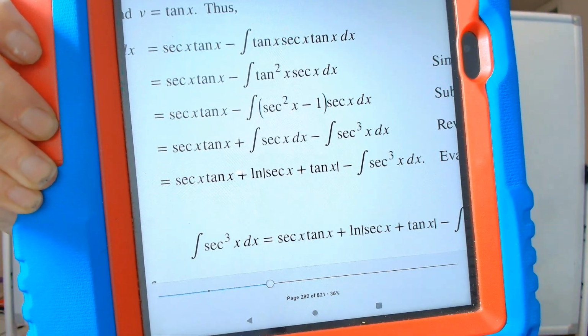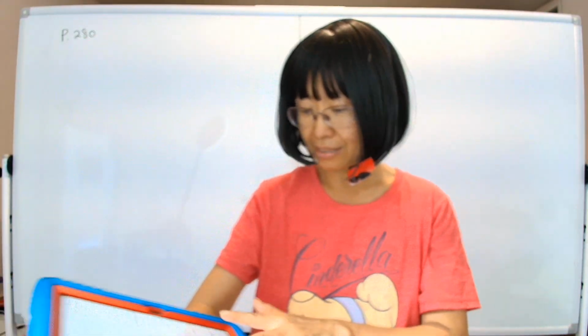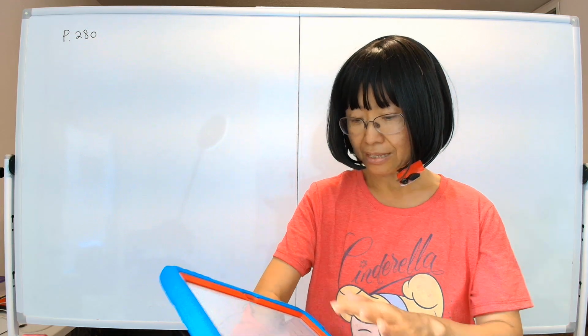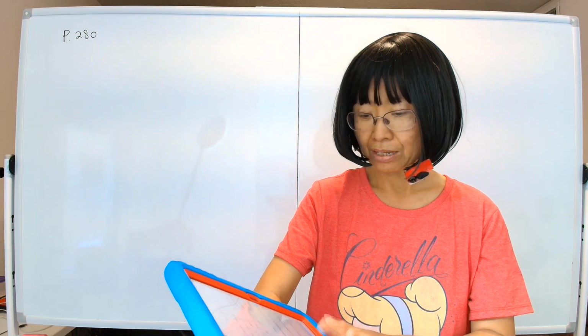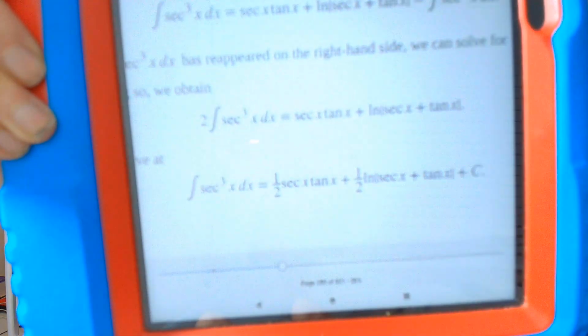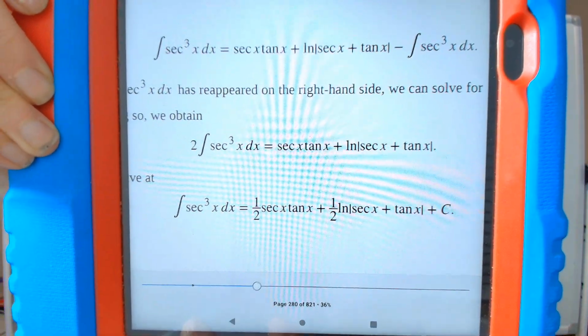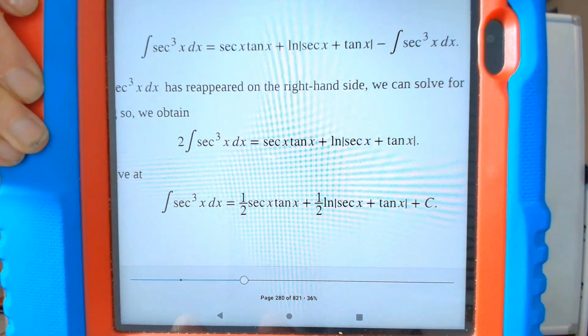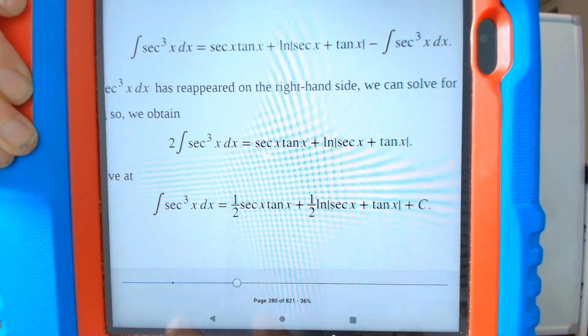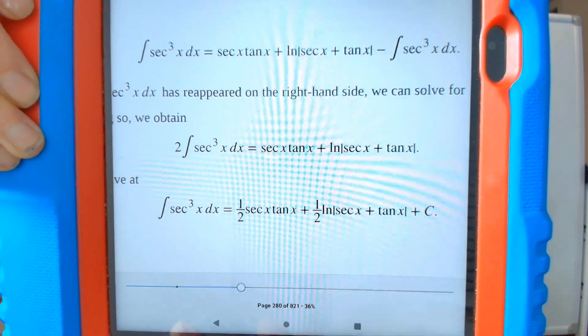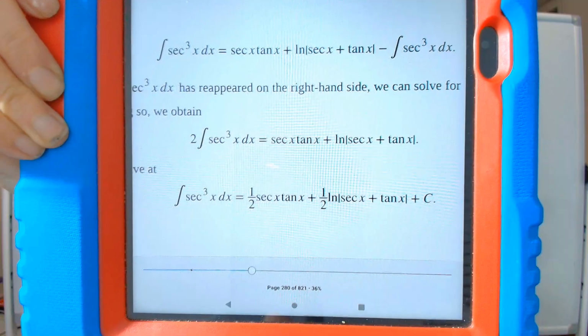So with that, you got the answer. Look a little further down, and you have two of them, okay? Because the minus secant cubed, as you see on the top right corner, is simply slapped onto the other side, where you also have a secant cubed, so you have two of them.